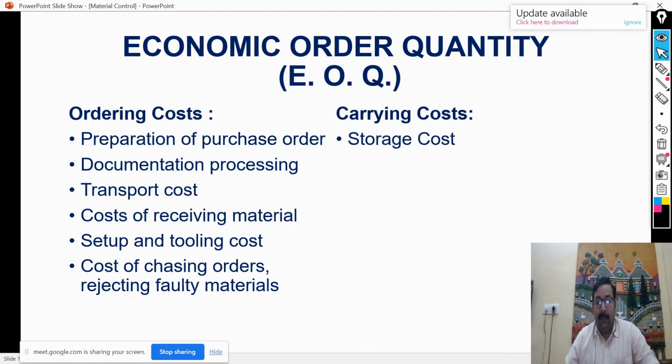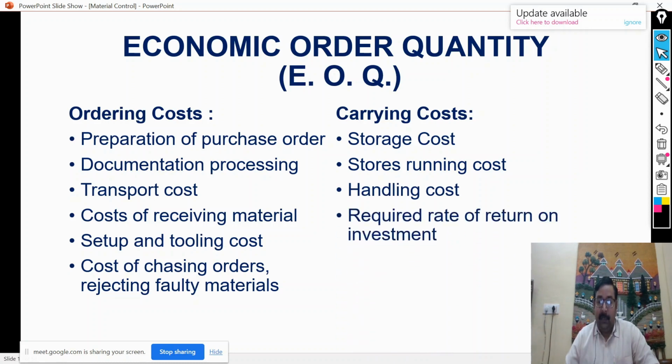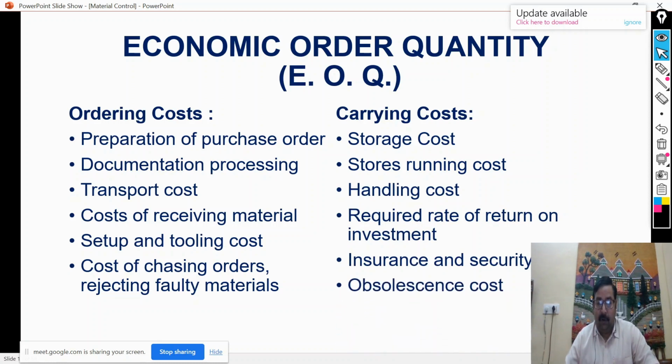Carrying cost means storage cost, stores running cost, handling cost, required rate of return on investment like interest cost, insurance and security cost, and obsolescence cost, meaning wastage cost. These are the two components of total cost in respect of purchase: ordering cost and carrying cost.